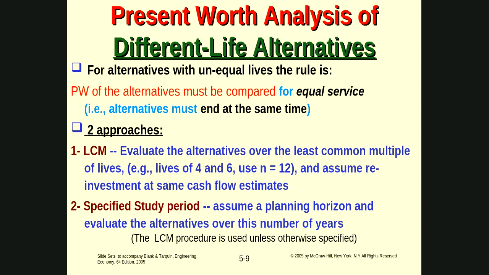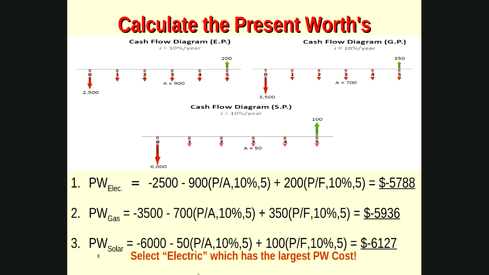Why did we take the first one? Because the first one is the largest numerical. So if those are in minus values, which one is the largest? Minus 57 or minus 59 or minus 61?